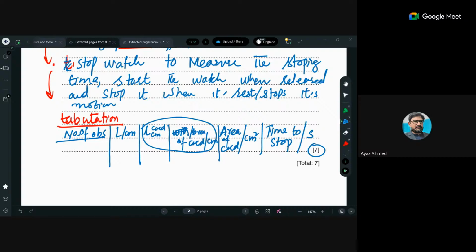That's it. So what are the two main points I have to focus on? This one and this one. Are you getting my point? So in tabulation, these are the major two areas I will address, because in resistance this matters a lot, and this is the time.